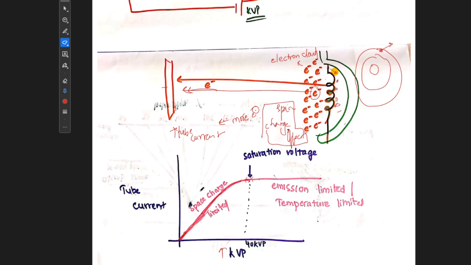Below the saturation voltage, as the kilovolt peak is increased, the tube current increases. After saturation voltage, though we increase the kilovolt peak, there is only a very small difference in the tube current, and this is limited by the temperature of the filament.